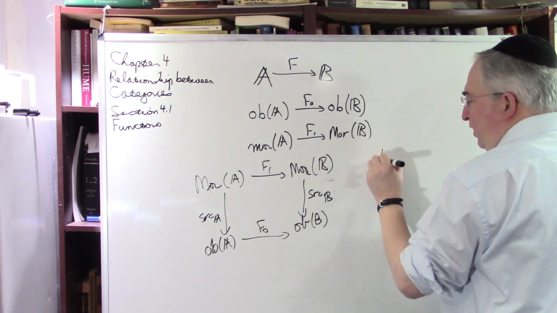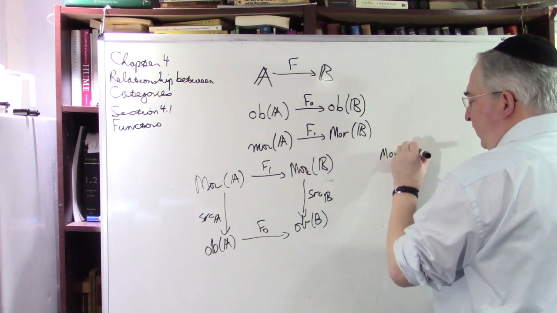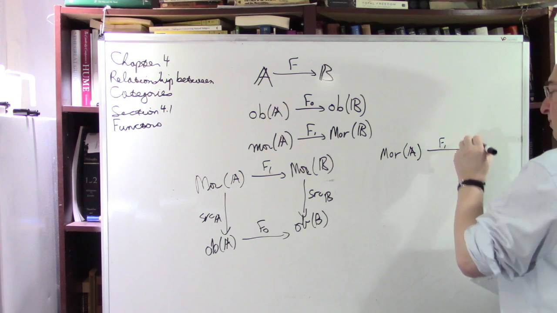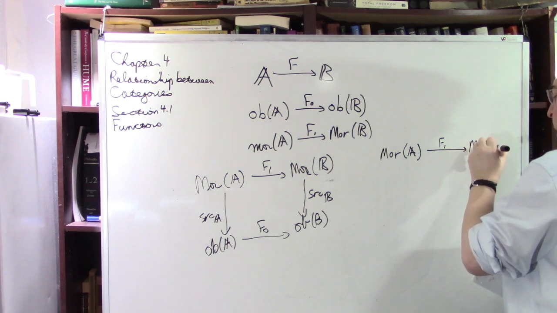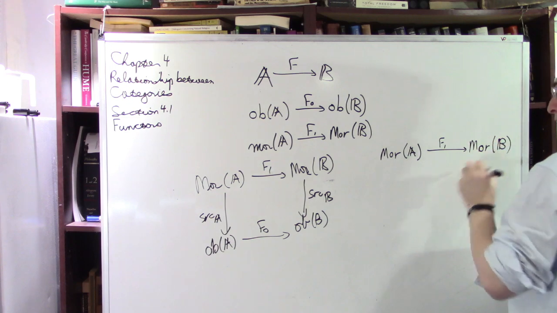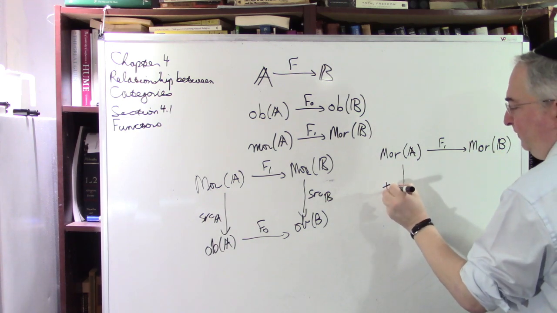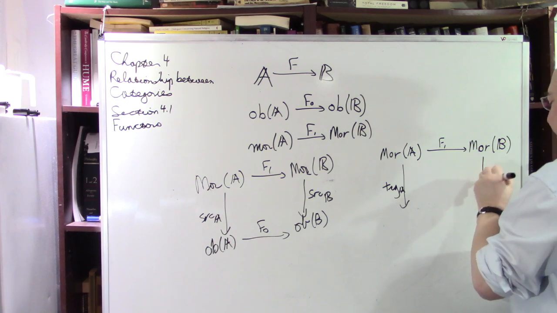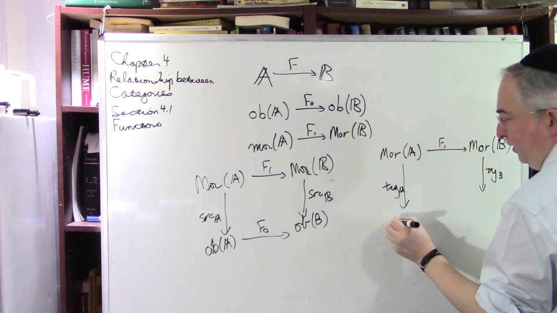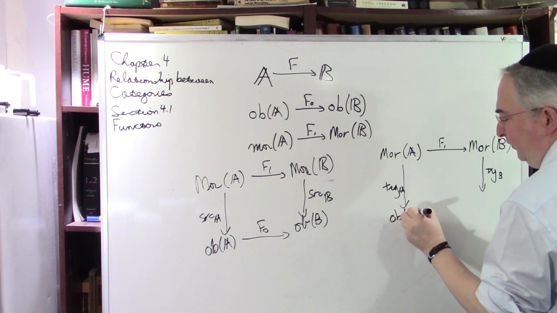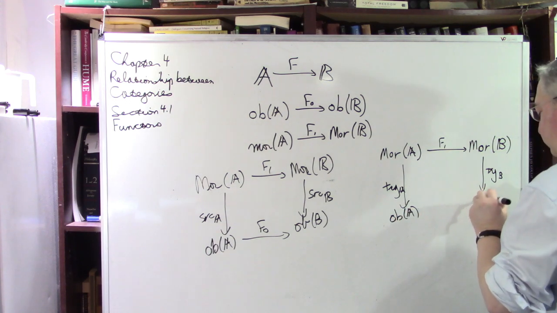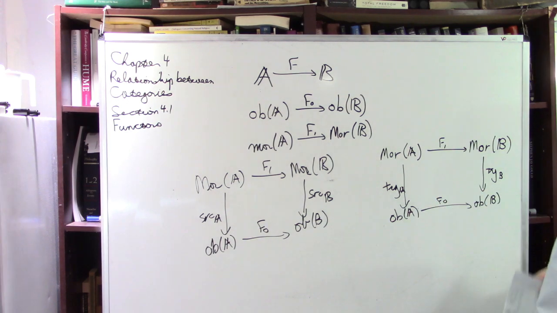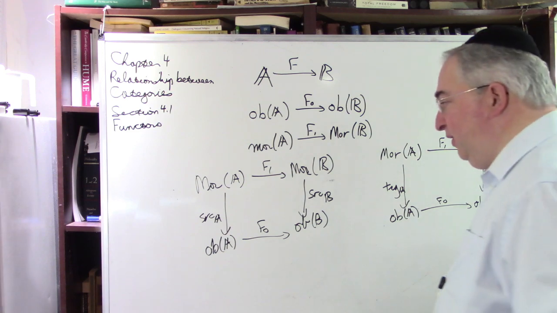It goes as follows. Morphisms of A, F1, morphisms of B, target of A, target of B, objects of A, objects of B, F0. Okay, we want these two diagrams to commute.